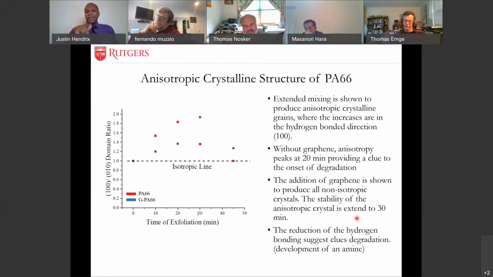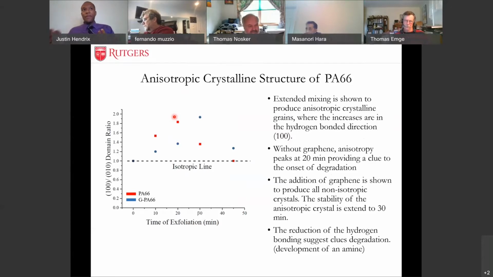What we found is that with the addition of graphite, or converted to graphene, the maximum hydrogen bonding characteristic is 10 minutes longer than the ones without graphene. One of the reasons we believe is that PA66 has this characteristic, that a loss in hydrogen bonding is a precursor to the onset of degradation.